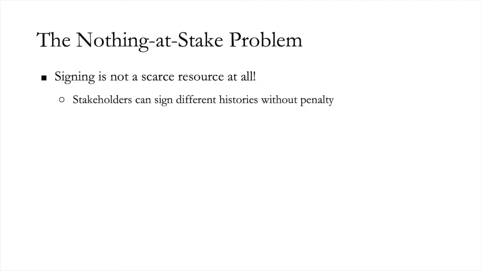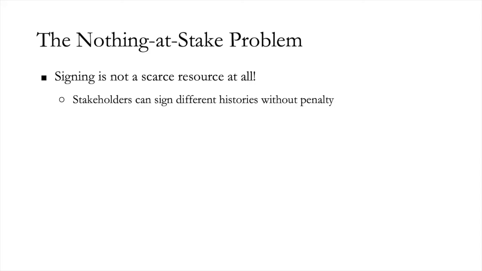The primary problem with proof-of-stake is that signing is not quite a scarce resource. Of course, if you don't punish signers for any kind of malevolent behavior, they can simply sign different histories without penalty. Just like in proof of authority, you have a different identity mechanism, a different mechanism of scarcity, but there's nothing preventing the validators from signing many different histories.